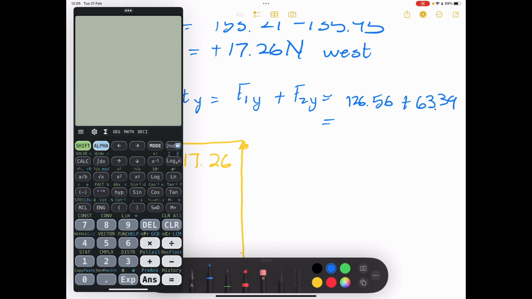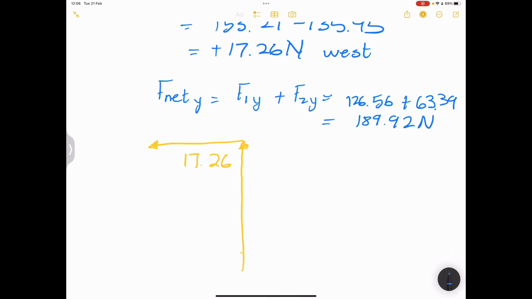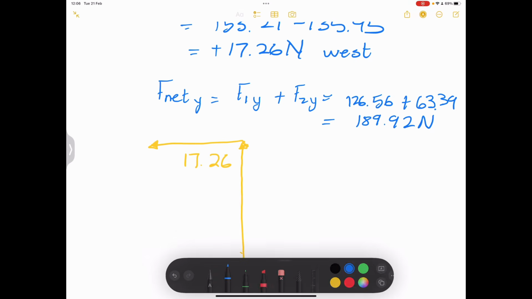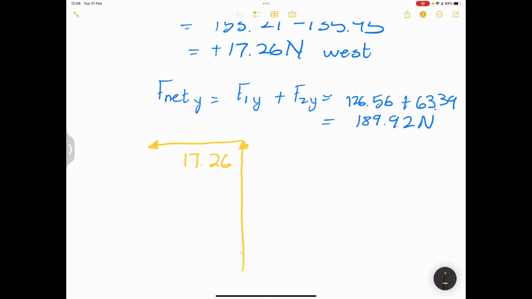So that's 126.56 plus 63.39. It means that our force is 189.92 newtons. Sorry, I said 189 rather, point 92.